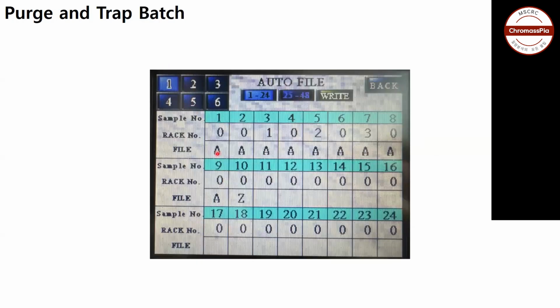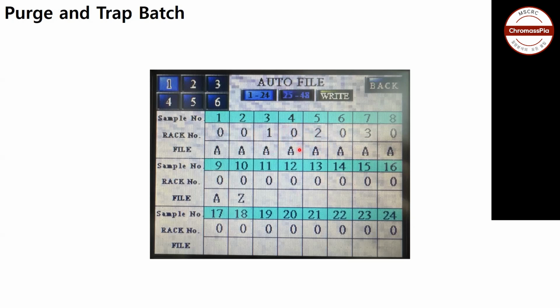In this batch, you can see that rec number 0 is analyzed first to obtain blank data. Then the samples in rec number 1, 2, and 3 are analyzed sequentially. Blank data is obtained between samples by analyzing rec number 0.